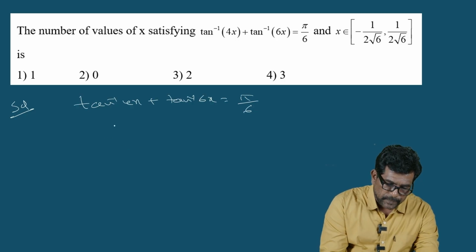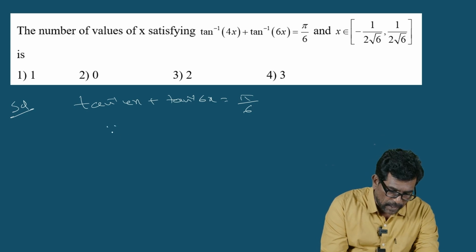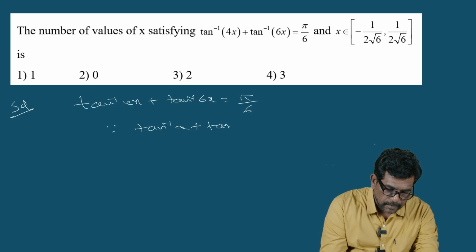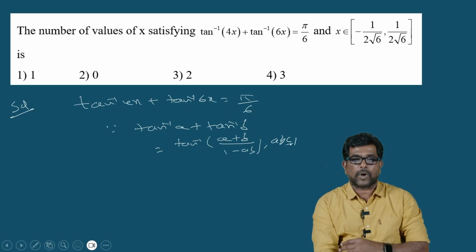Now, to apply the tan inverse a plus tan inverse b formula, we have the formula tan inverse a plus tan inverse b is equal to tan inverse of (a + b) upon (1 - ab), provided that ab is less than or equal to 1.